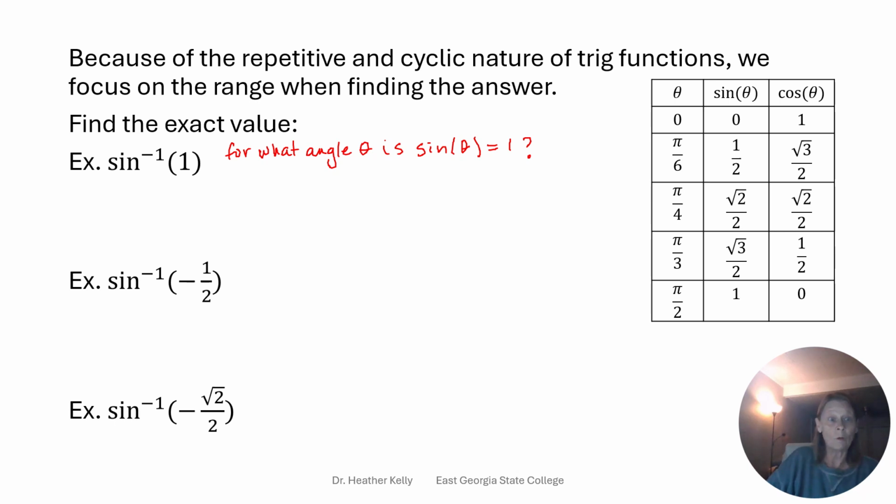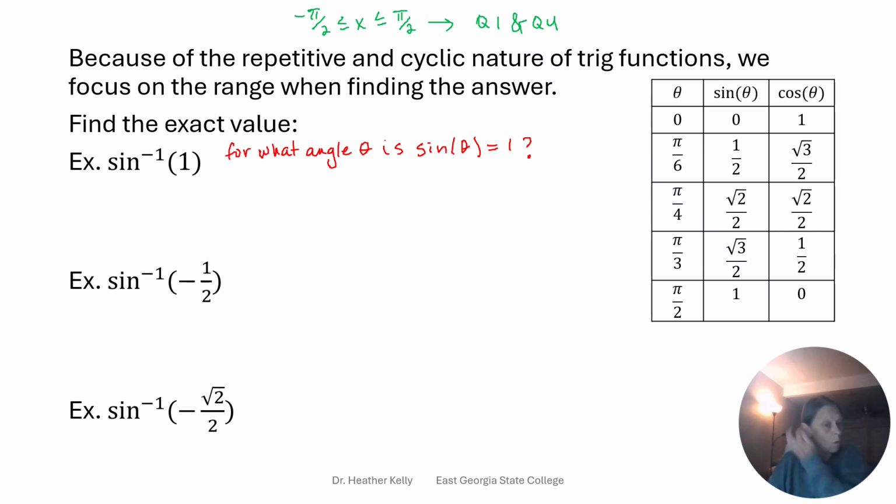And remember, when we're dealing with arc sine, the answer has to be between negative pi over 2 and pi over 2. In other words, it has to be in quadrants 1 and quadrant 4. Those are the two quadrants that the answer's in.